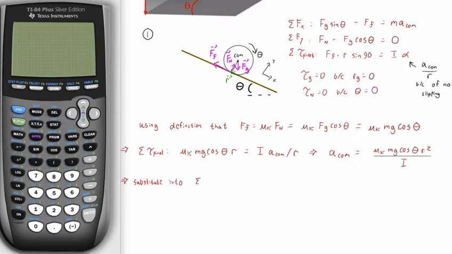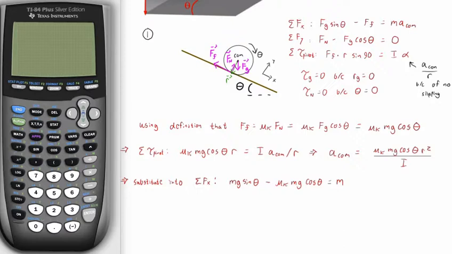Sum of forces in x. So I'm going to have mg sine theta minus mu k mg cosine theta r squared over I, which is going to equal, let's see. I guess the usefulness of this is I'm solving for the friction coefficient.